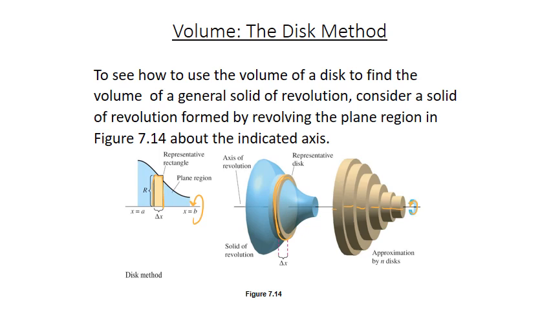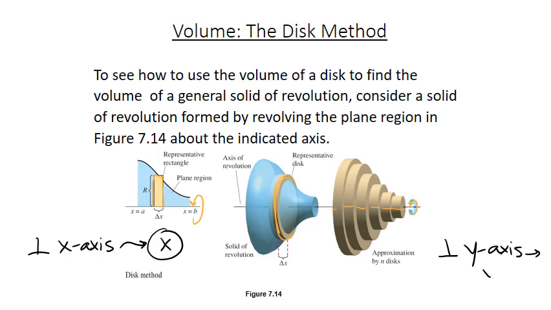If my rectangle is perpendicular to the x-axis, all of my work is going to be in terms of x. On the other hand, if my representative rectangle is perpendicular to the y-axis, everything will be in terms of y. And that's important to recognize and take note of.